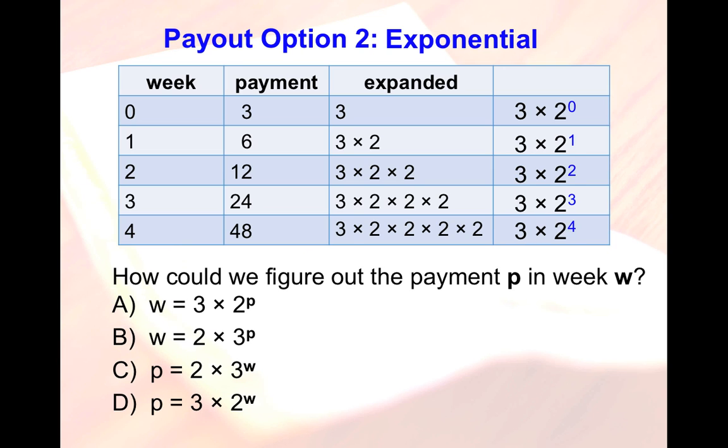So if we use W to represent the week we're in and P to represent the payment, which equation represents the relationship between W and P? That would be choice D, because we raise 2 to the power of whatever week we're in, multiply by 3, and that tells us the payment for that week.